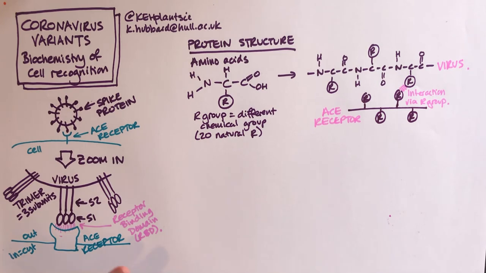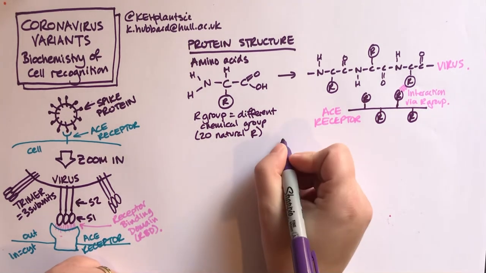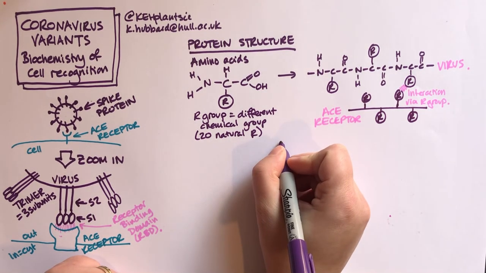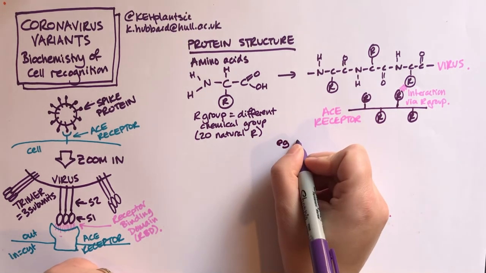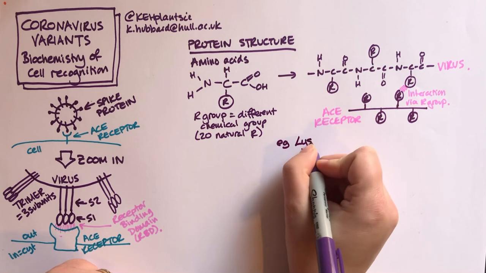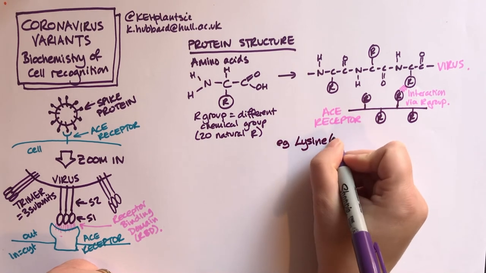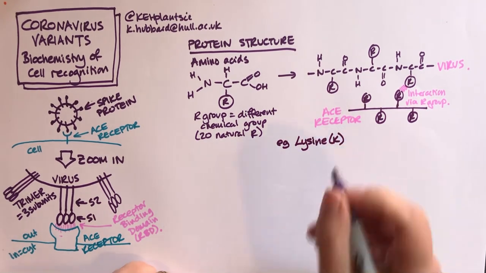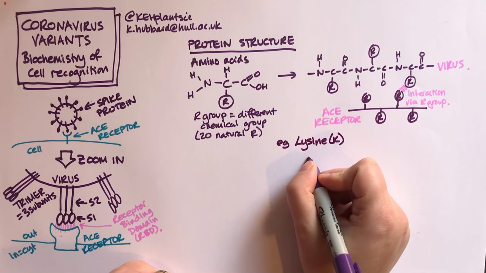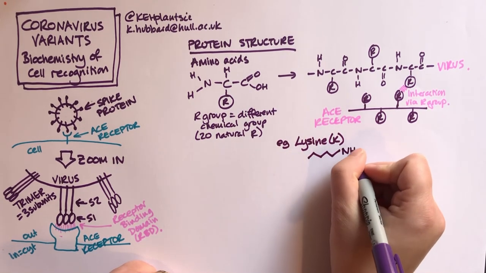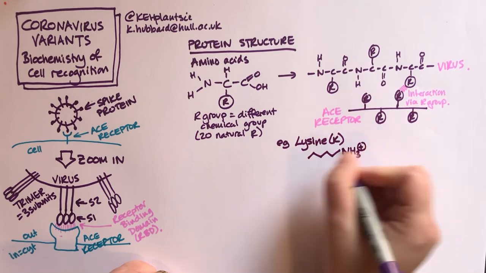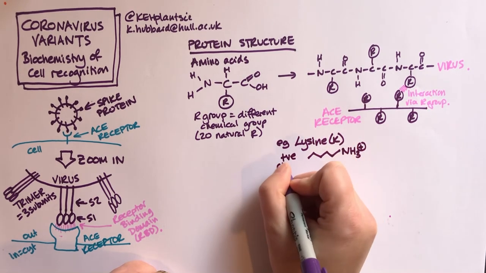For example, you could have two R groups, one of which was an amino acid called lysine, which is given the code K. Lysine has an R group that ends in NH3+, so is positively charged.